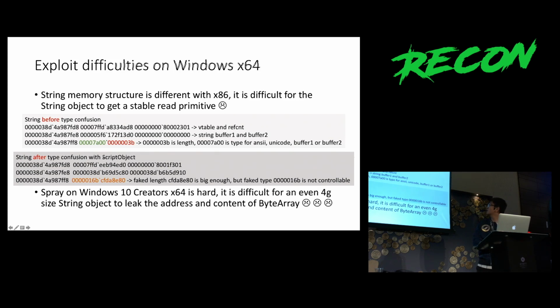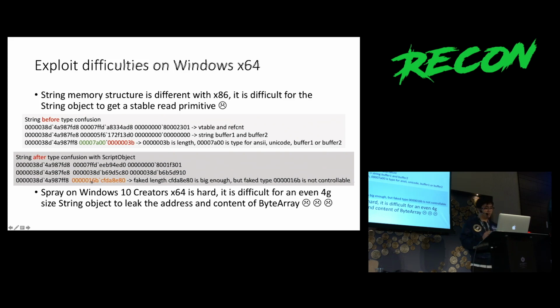After we clean this memory with other objects, the string type is the high 4 bytes of a pointer. You see, it's a pointer. It is not controllable. This time it is 16B, and another time it is a different value.